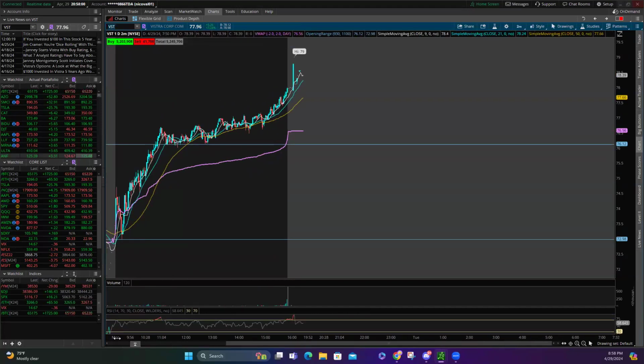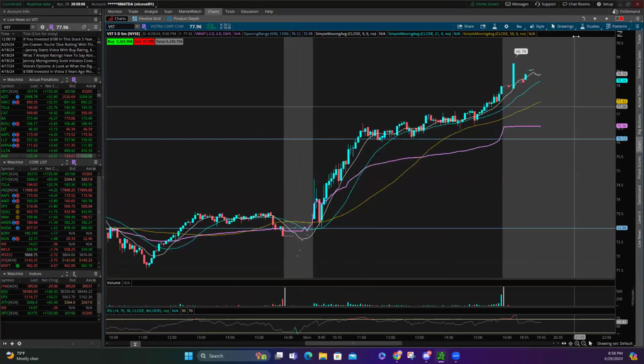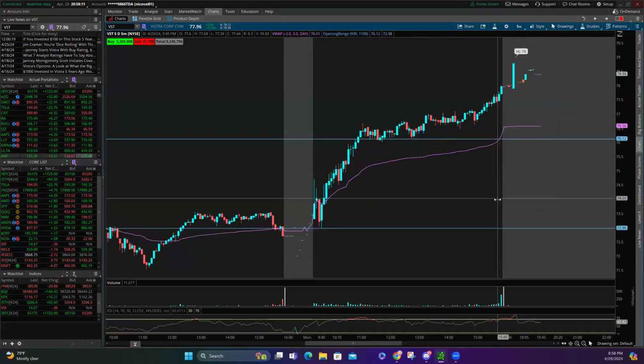Look at Vistra on the, this is the 2 minutes. I'm going to go to the 5. And this is what we got. Look, I'm just going to leave VWAP by itself. Look at this. We got in here, if you wanted to jump in, and then just let it run. That's it. Just take profits whenever you wanted to trim. You got your levels, and then you start trimming.